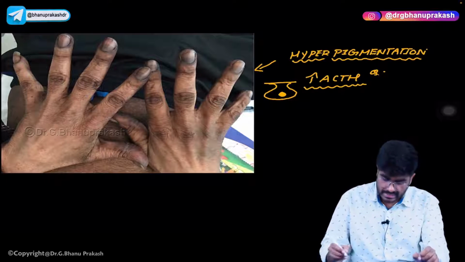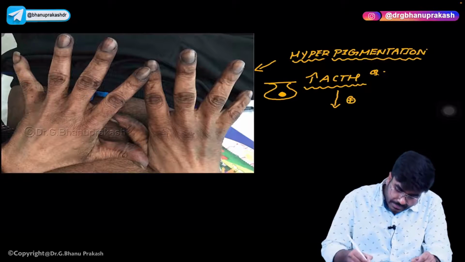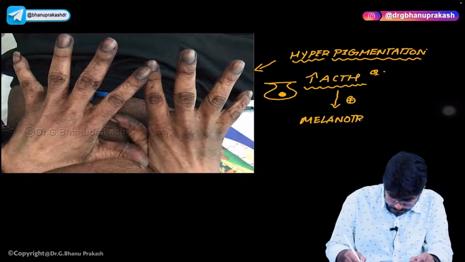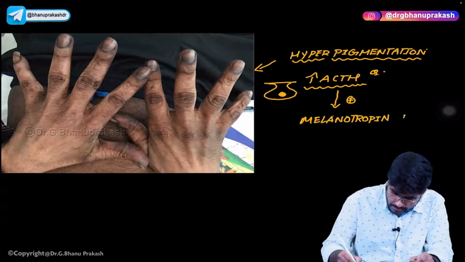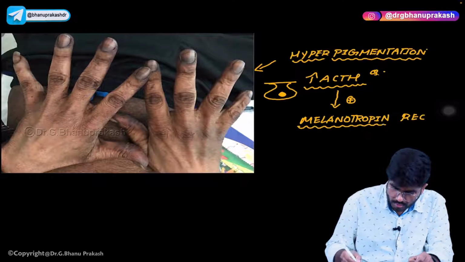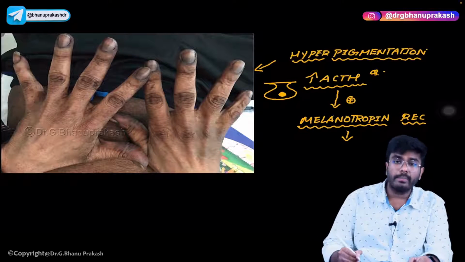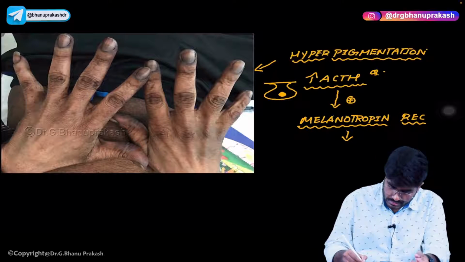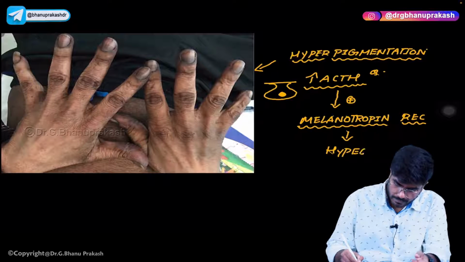This excessive ACTH can also stimulate melanotropin receptors. So whenever melanotropin receptors are stimulated, they will produce excessive amount of melanin that will cause hyperpigmentation.